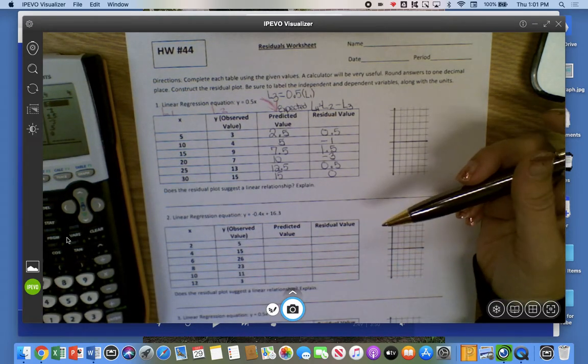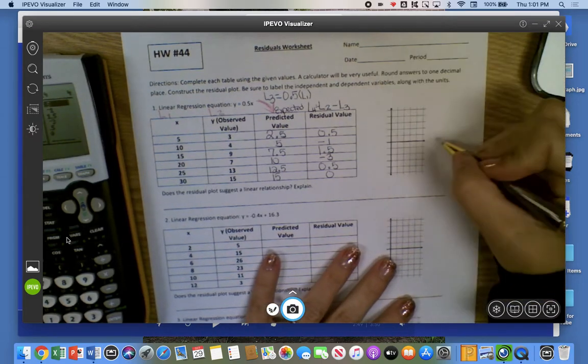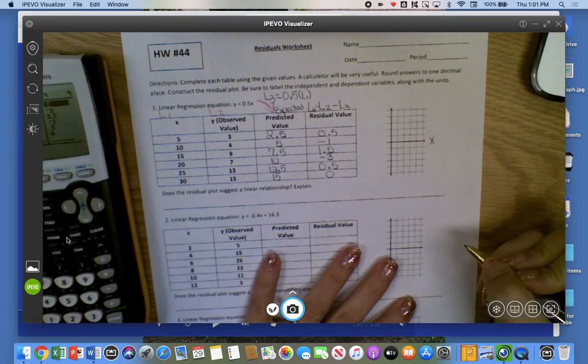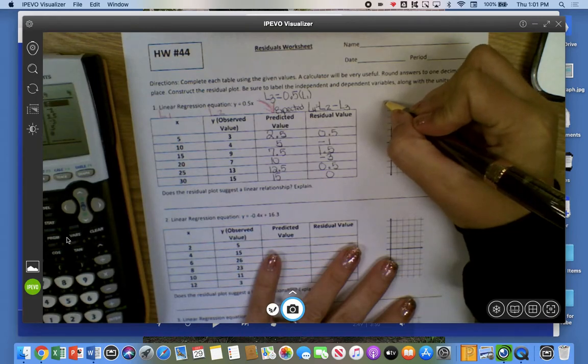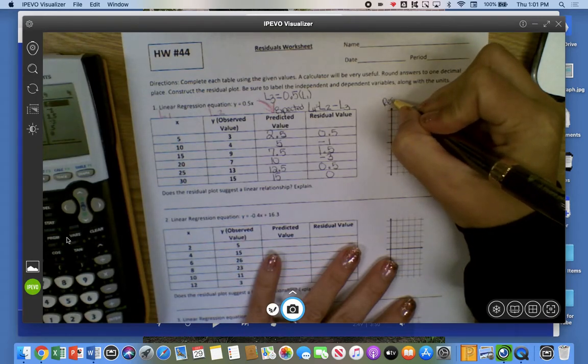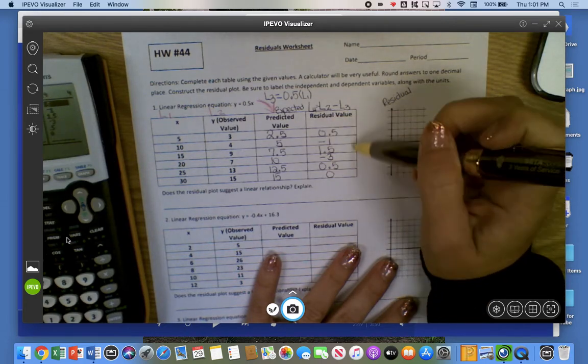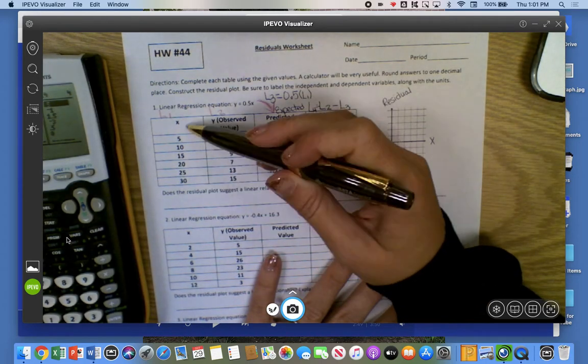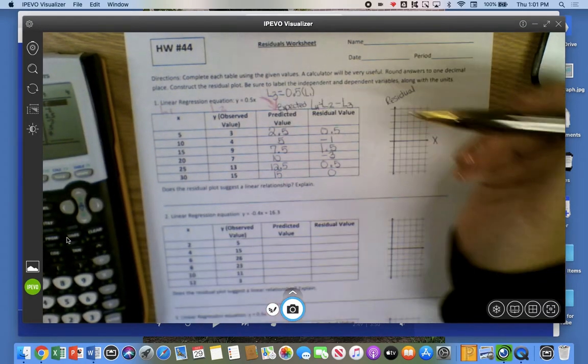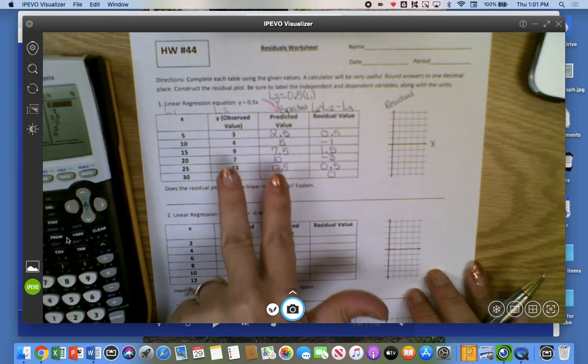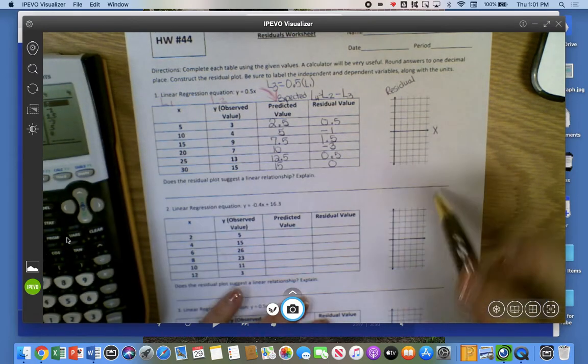We are still going to put our x's on the x-axis, but when we do a residual plot, we plot the residuals compared to the x's, not these two. We could look at these on a trend line, but we're not going to today.